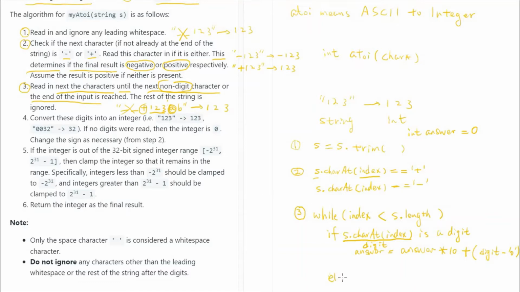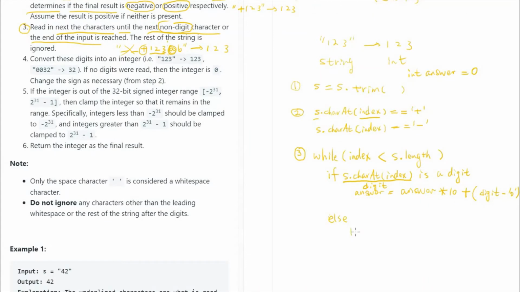Else, if the character at the current position is a non-digit, we'll stop this process. After reading in the current character, we'll increase the index. Then we repeat the loop for the next character.